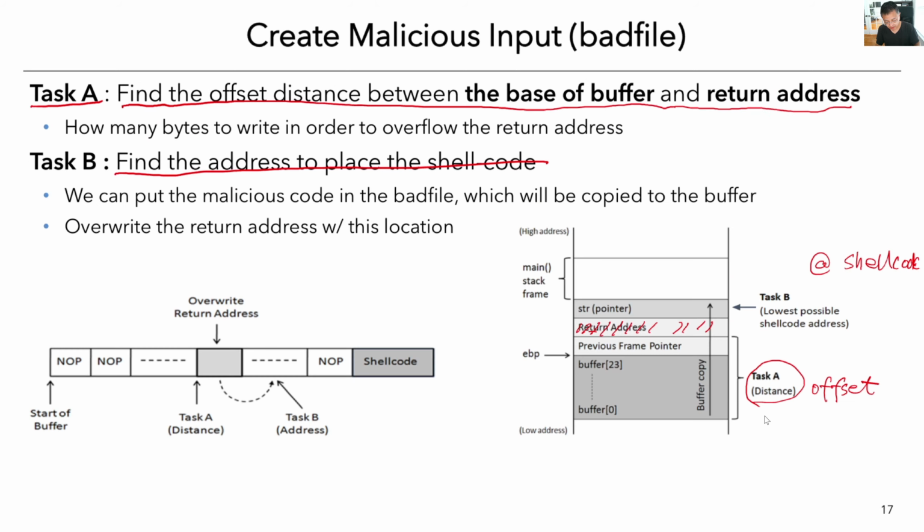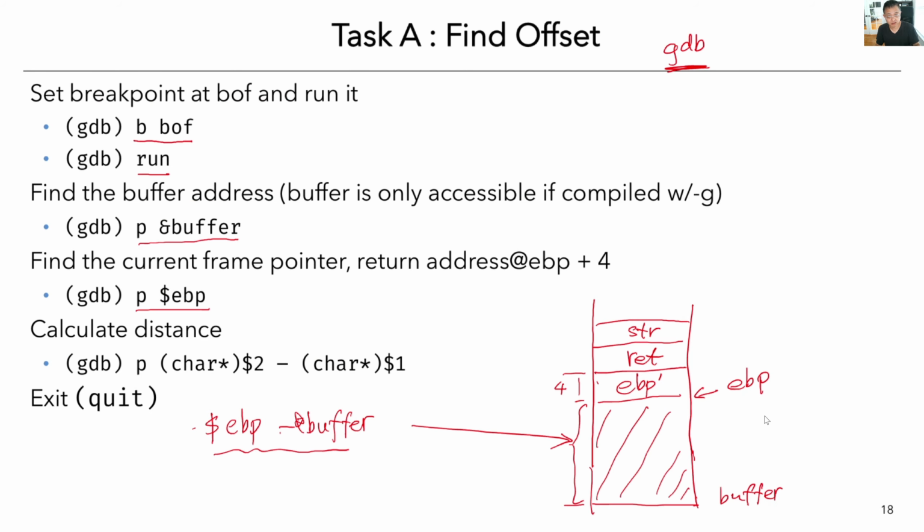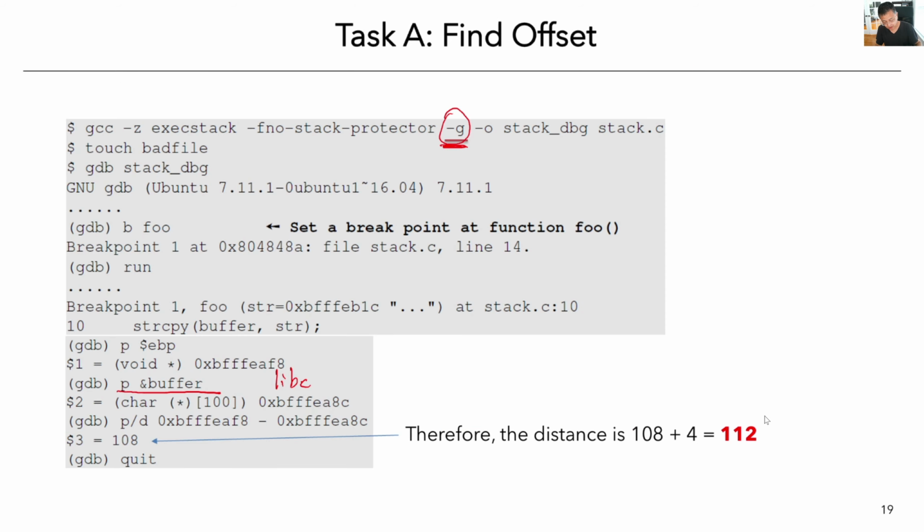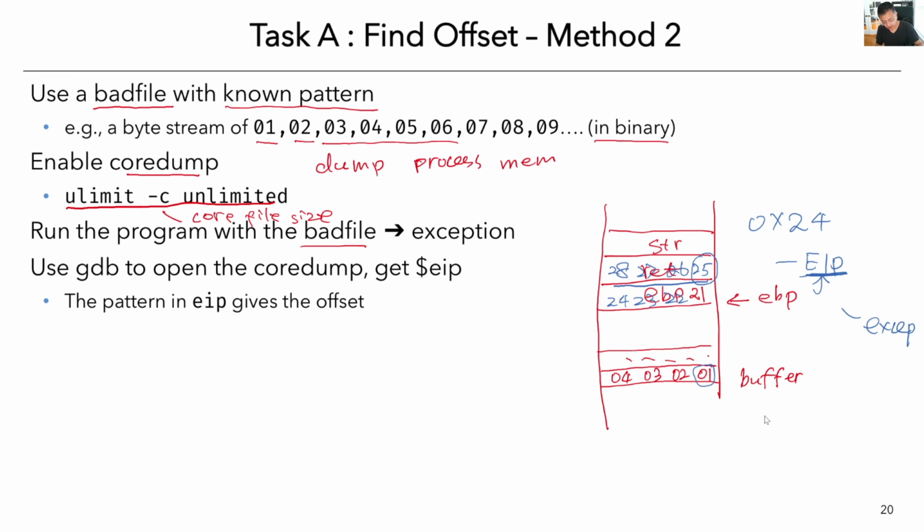We have mentioned that there are three methods to find the offset. The first one is to use GDB. The second one is to use a known pattern input. When you have an input with patterns, when the exception happens, you know what's being loaded into the EIP register.